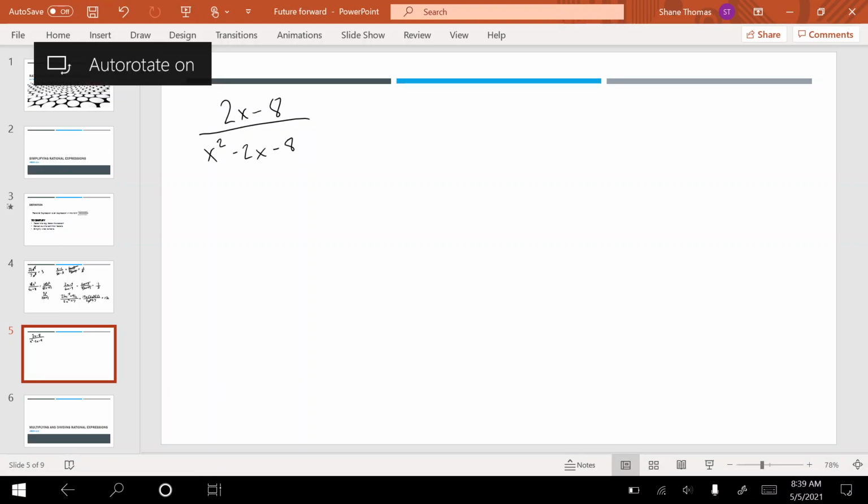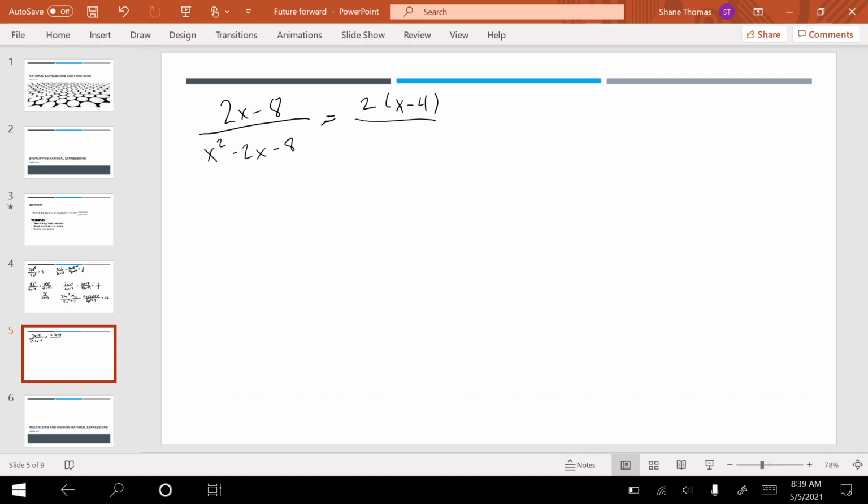Because we have something in that form, ax squared plus bx plus c, right? So the top factor is easy. What can I factor out of the top? 2. Okay, so factor out a 2, I'm left with what on the inside? X minus 4. That's no problem. Now the bottom is back to our factoring days.